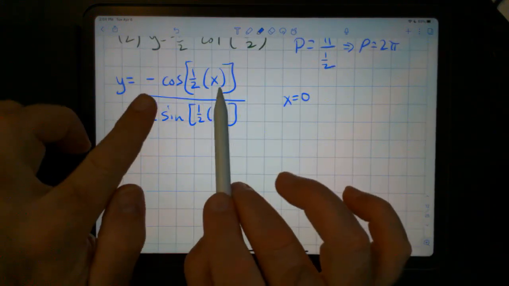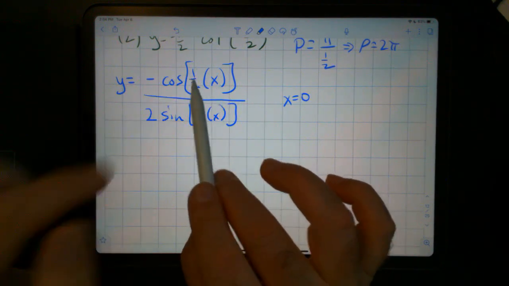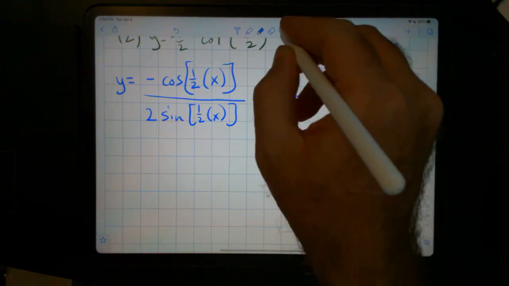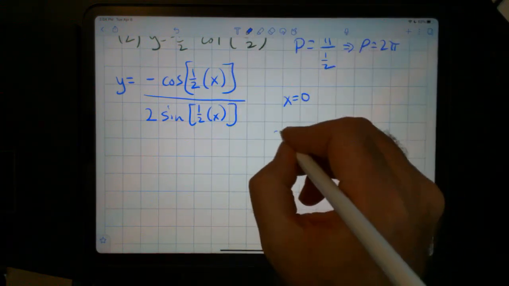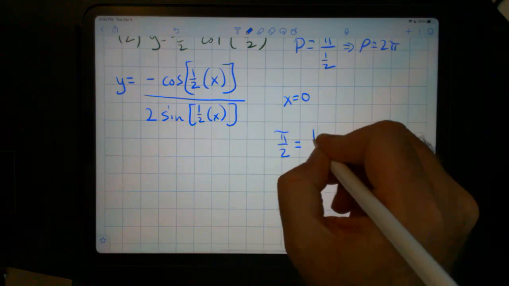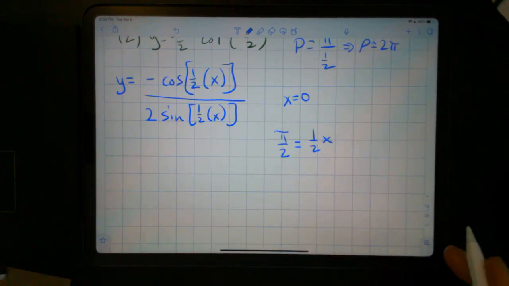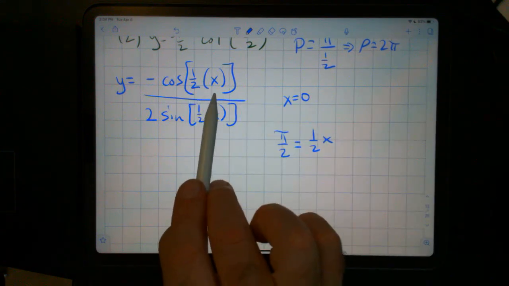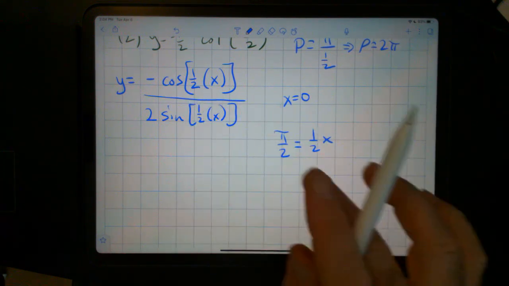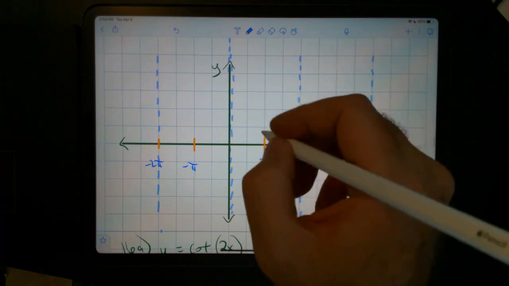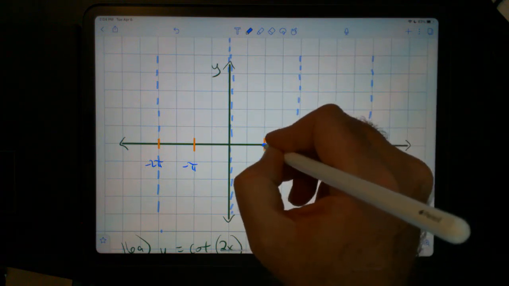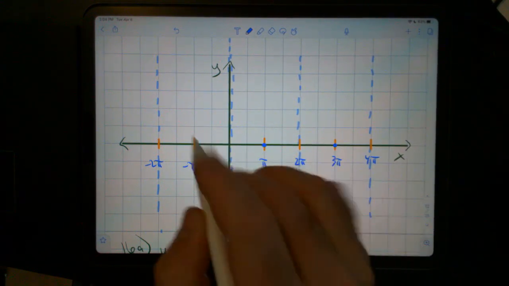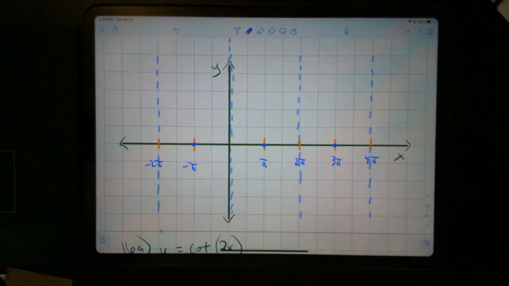Then when the numerator is 0, cosine of pi over 2 is 0. So when is pi over 2 equal to 1/2 times x? Multiply both sides by 2, and we have that x is equal to pi. So at x equals pi, it's going to cross the horizontal axis, and since the period is 2 pi, these other 3 points also happen.